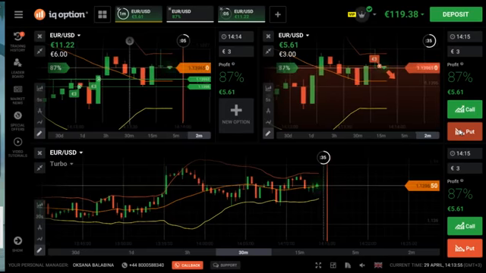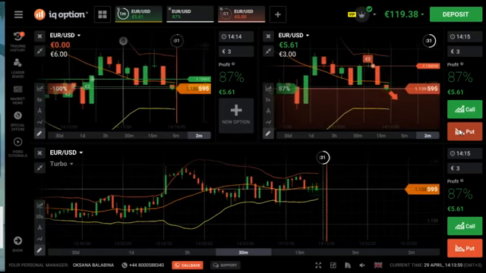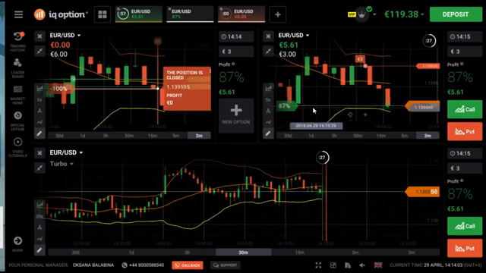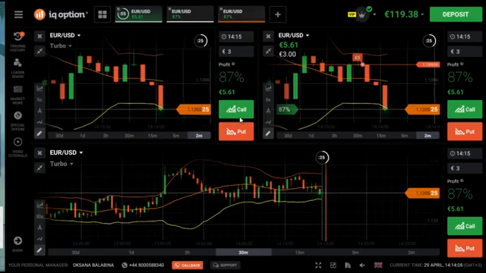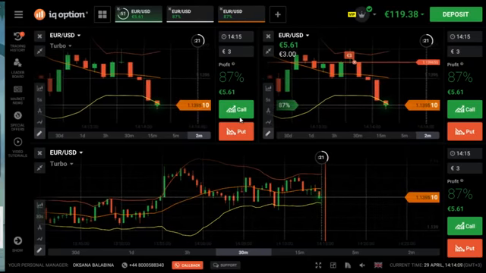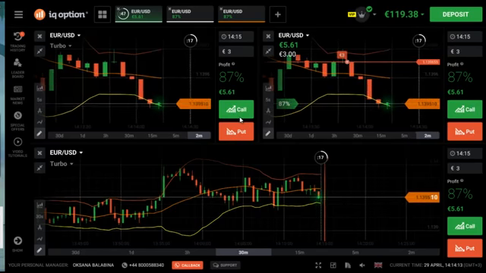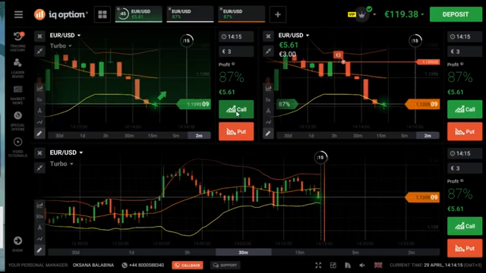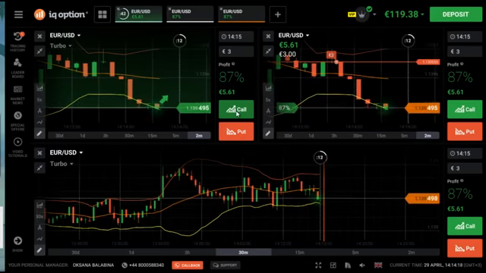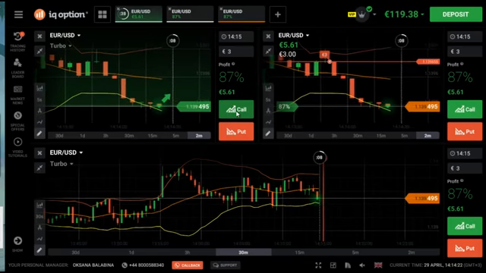But this method I'm using is quite reliable. In other words, it's not a high risk strategy, it's quite a low risk strategy. If you have time to trade for at least 1 hour, you end up making a reasonable profit.